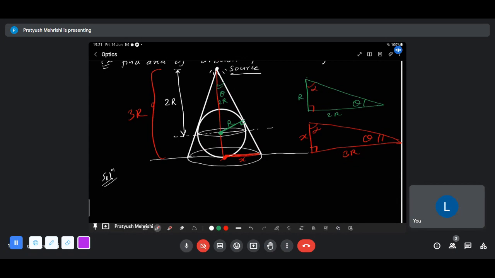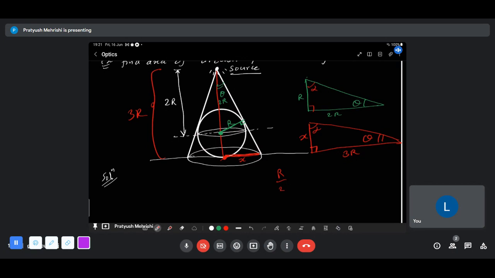Now, from here also you can calculate x. Theta is this, theta is that, this is r. Now this is opposite to theta.